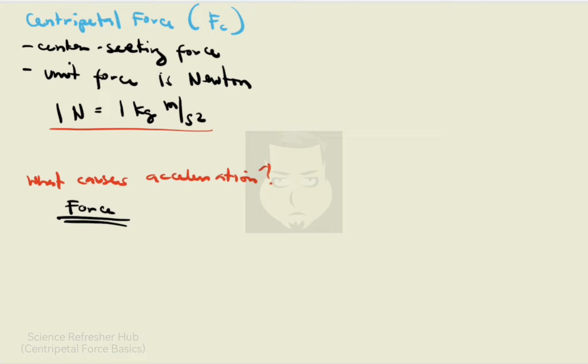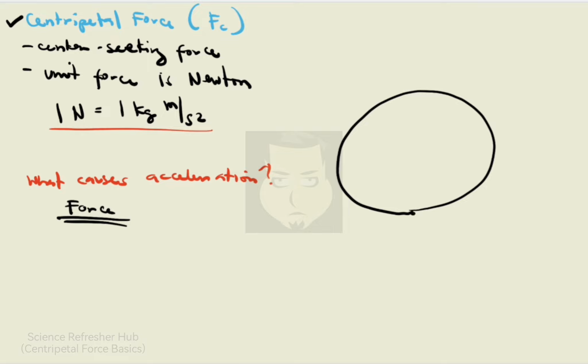And our topic for this moment is centripetal force, a very general or generic kind of force, because we have a lot of forces that will act as centripetal force and point towards the center. If we have a center-seeking force, the object that experiences the centripetal force will be moving in a circular manner.